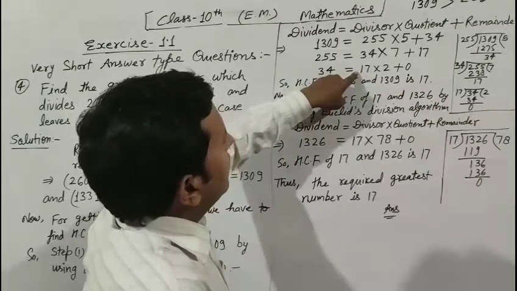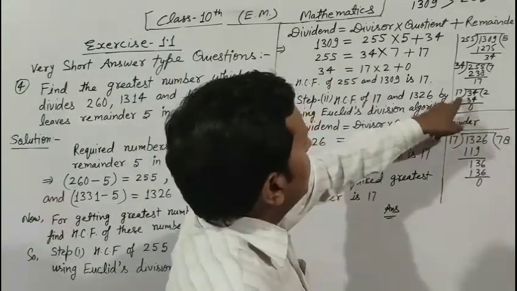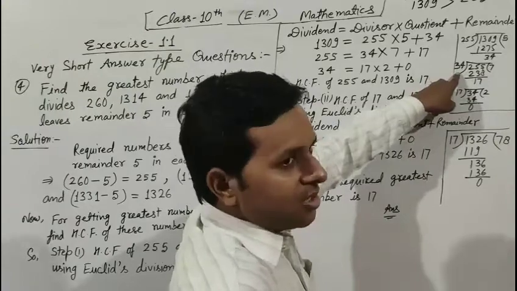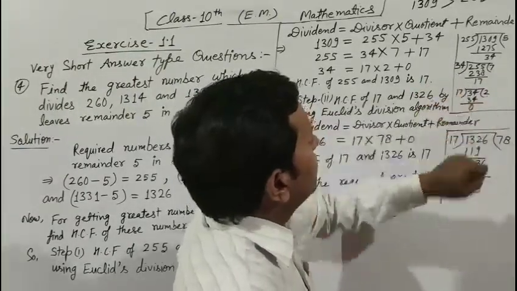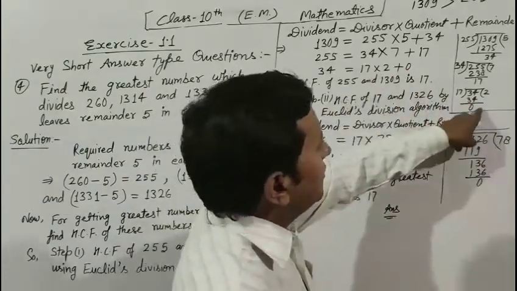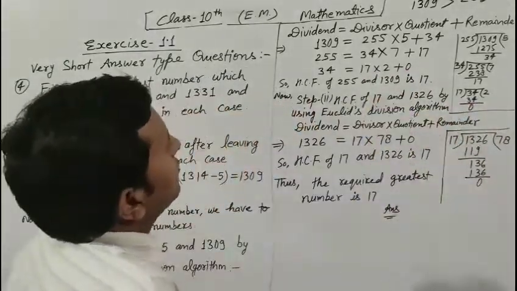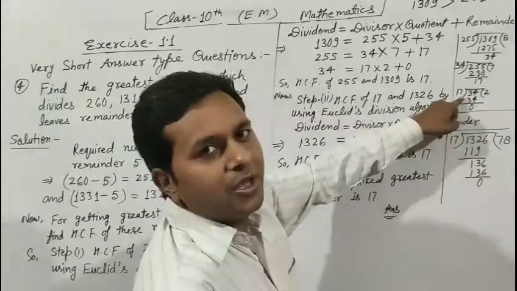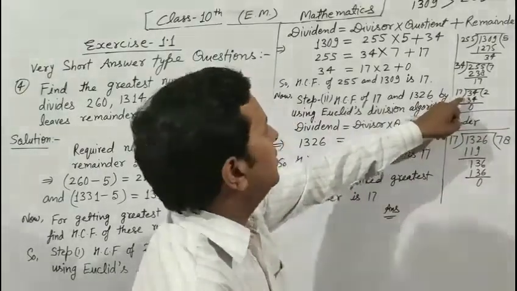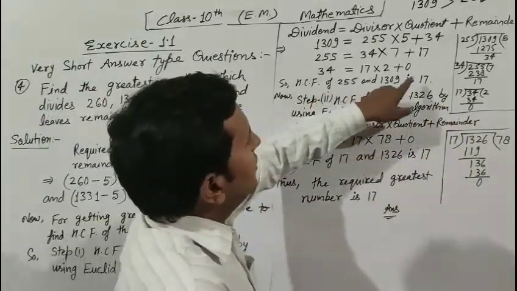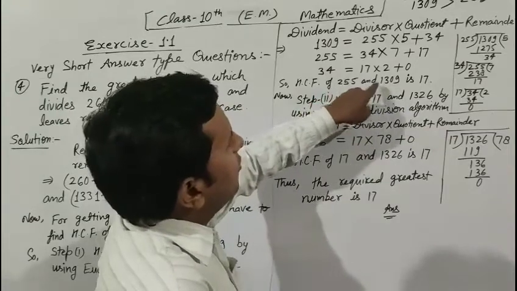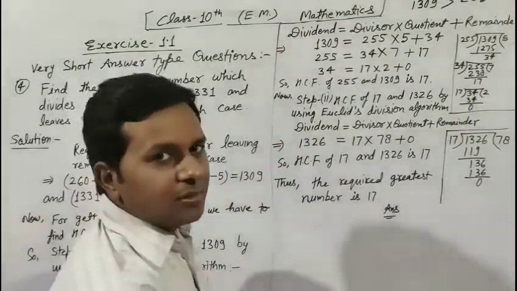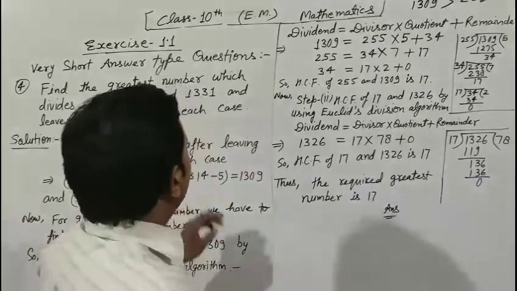So 17 is the divisor and 34 is the dividend. 17 into 34 gives quotient 2 and remainder 0. When the remainder is 0, the divisor is the HCF. So the HCF of 255 and 1309 is 17. Is it clear?